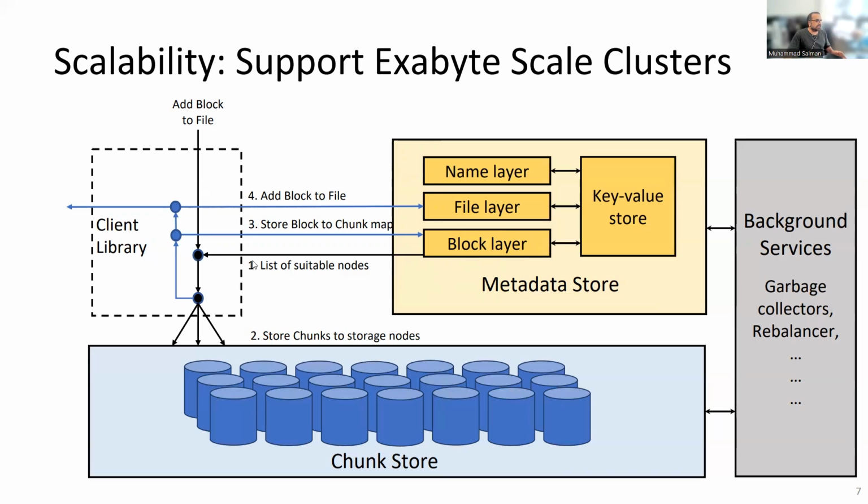Depending on that, the block layer will check the suitable nodes for that, and inside that the data is stored. Once the data is stored, all the information related to the stored data is given back to the block layer, that I have stored the particular data in those particular block locations. And once that is done, all the block information is also given to the file, asking to please add this particular block location to this particular file. And once that is added, a success notification goes to the user that your data has been written.